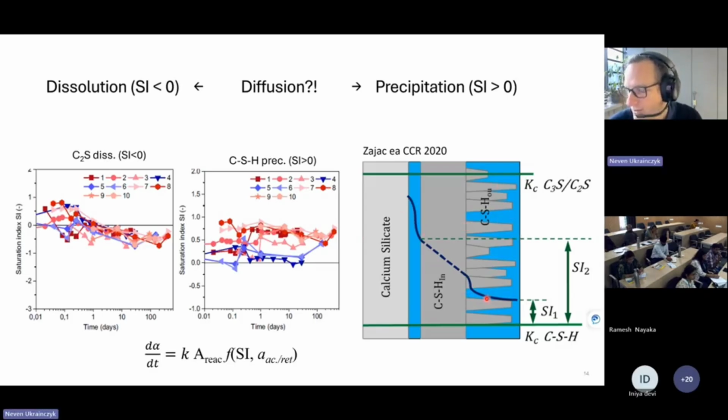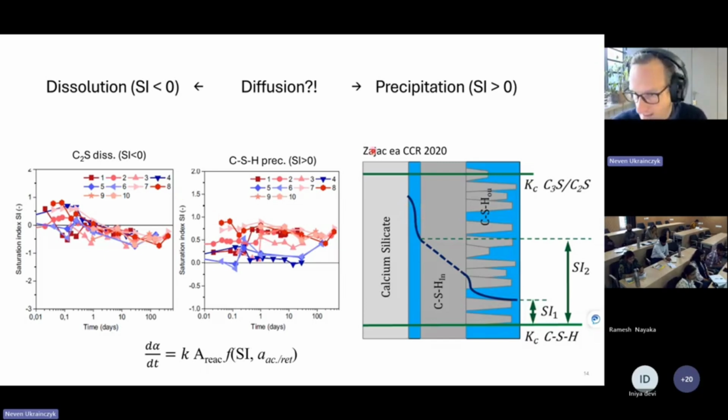You always have concentration gradients. You also have the saturation indexes. And the outer, of course, has a lower saturation index than inside. So inside you would have more driving force for precipitating than outer.